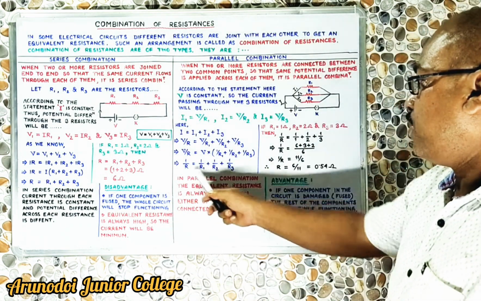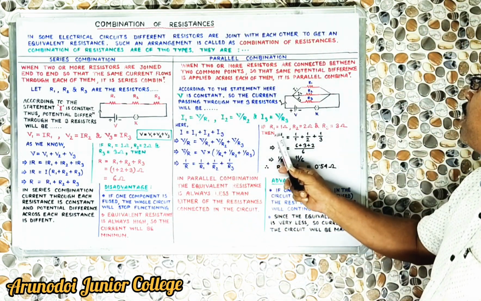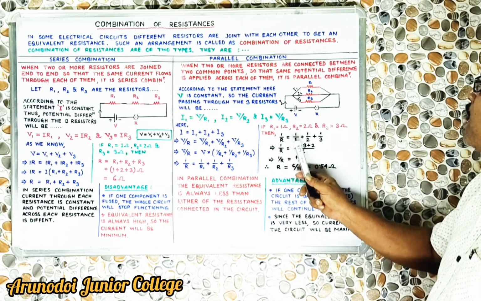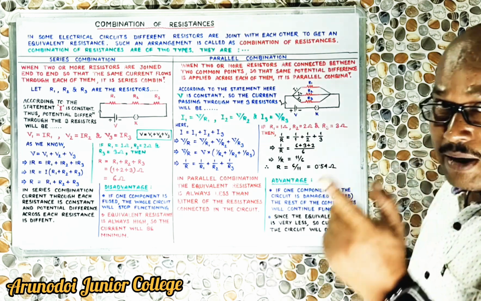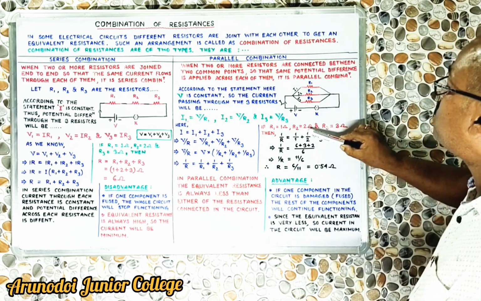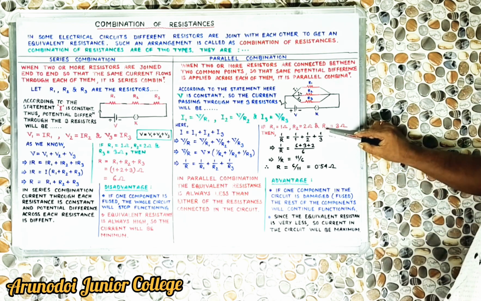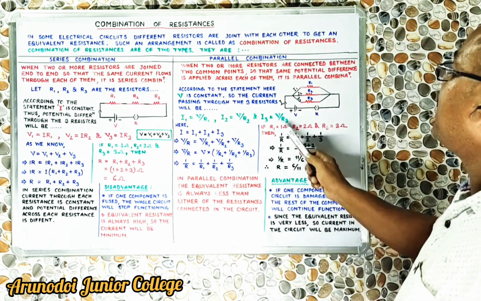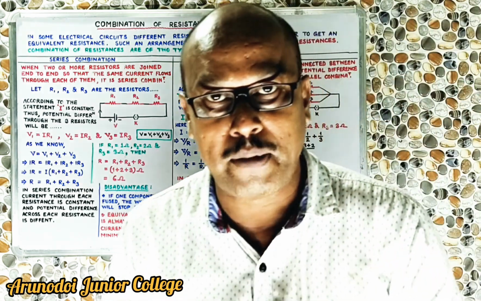As we have got the formula, we place it: 1 by R is equal to 1 by R1, and what is the value of R1? 1, so 1 by 1. Then 1 by R2, what is the value of R2? That is 2 ohms, so 1 by 2, and accordingly 1 by 3, because R3 has value 3 ohms. So we are getting 1 by R is equal to 1 by 1 plus 1 by 2 plus 1 by 3.